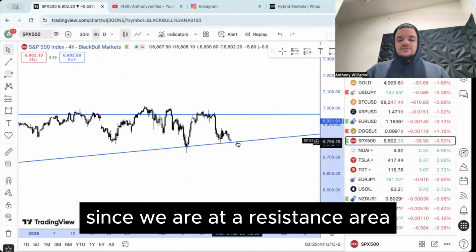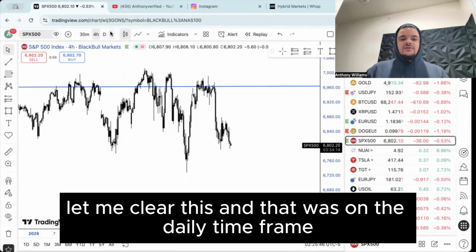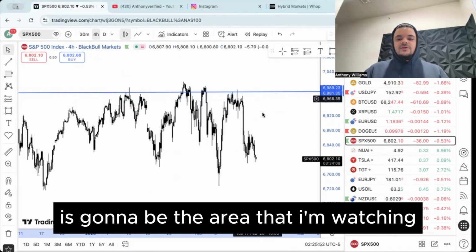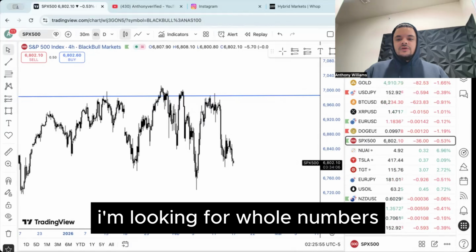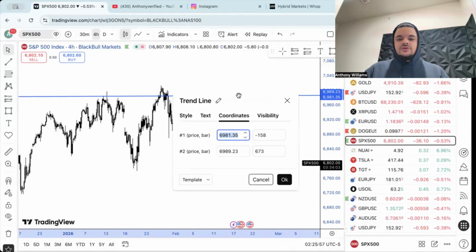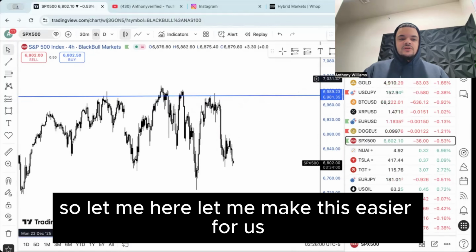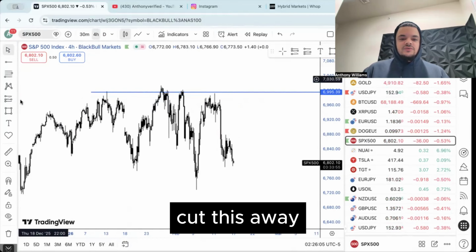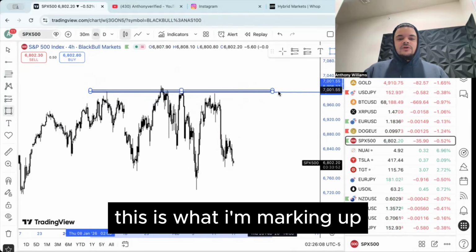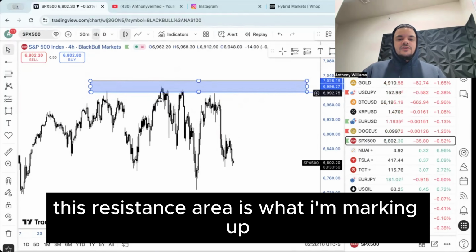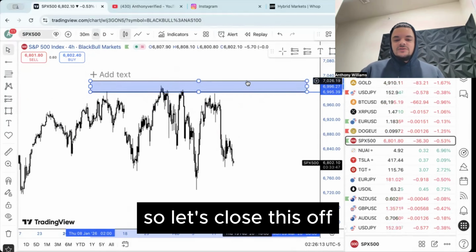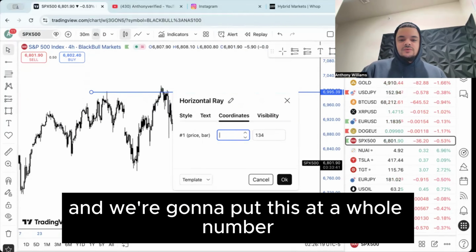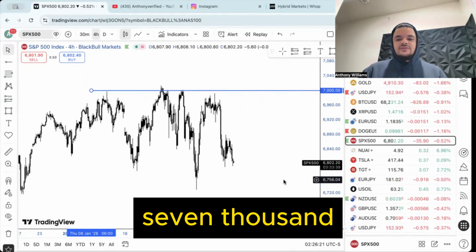This resistance area is what I'm marking up, and I'm looking for whole numbers. So we're going to put this at a whole number, 7,000.